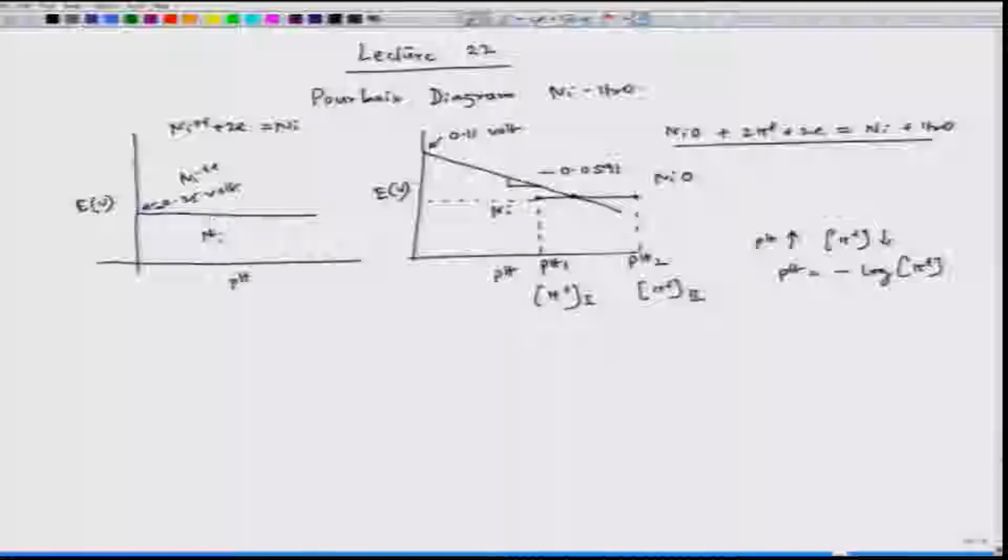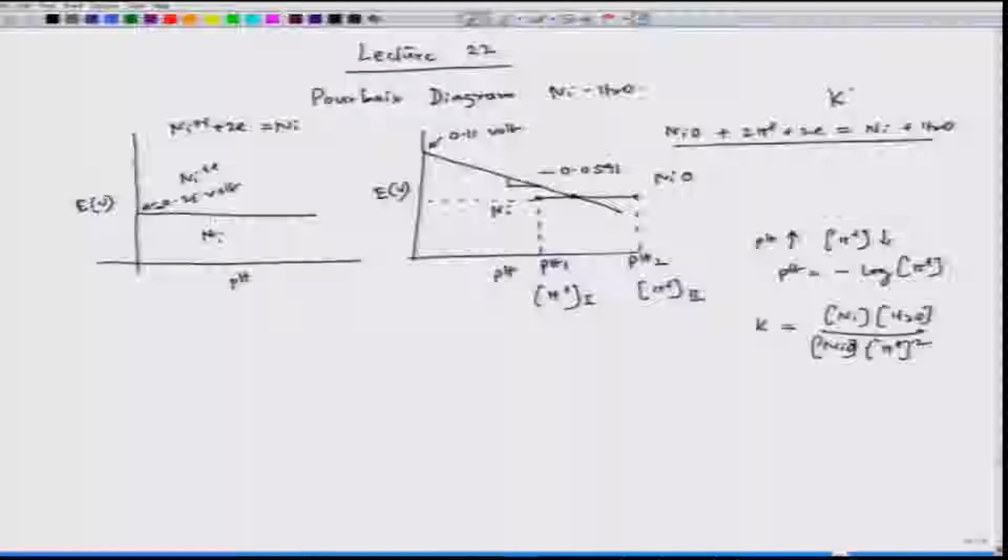Now, for this reaction we can consider a reaction equilibrium constant, which is K. This K can be written in terms of concentration for this chemical reaction.